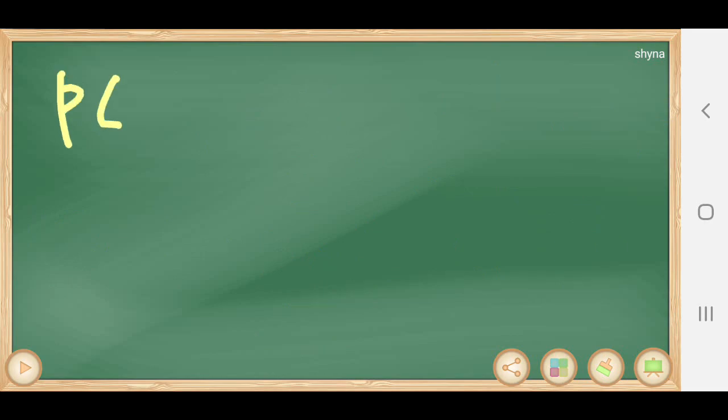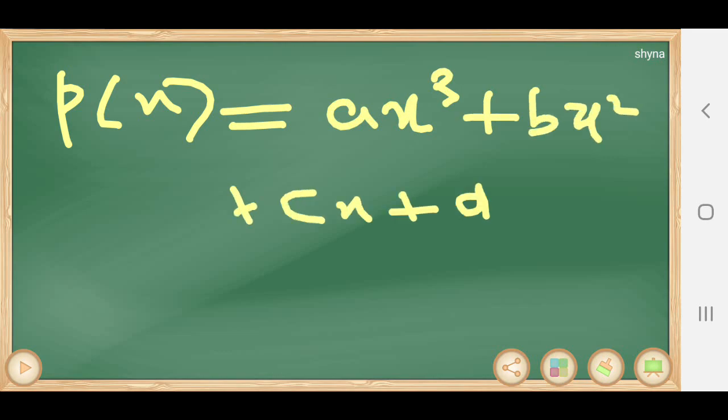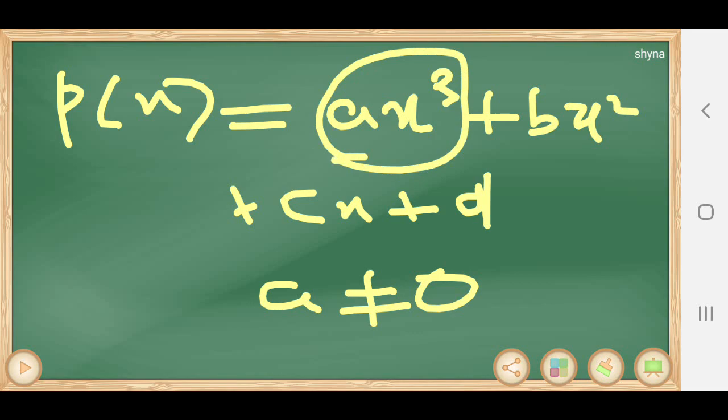In the case of a cubic polynomial, we can write p of x equal to ax cube plus bx square plus cx plus d. Here also a should not be equal to 0. If a equal to 0, the first term will be 0, then it will be bx square plus cx plus d. Again, it will be a quadratic polynomial, but it is a cubic, so a should not be equal to 0.